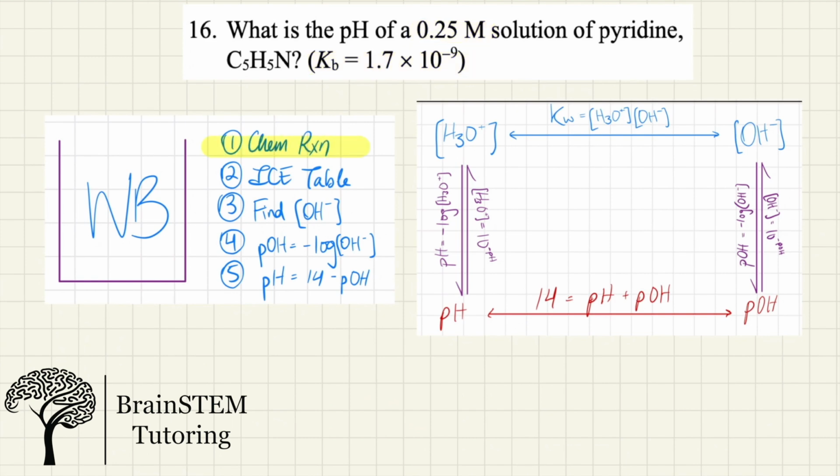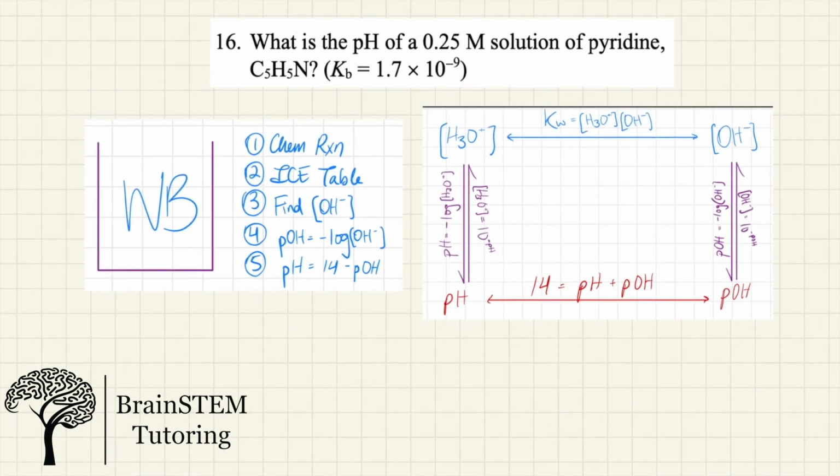So my first thing is I always want to start off with a chemical reaction. That will help us springboard into the next part of the problem. So when I have this chemical pyridine, which we may know a lot about, we may not, but we do know how every single weak base acts in water.